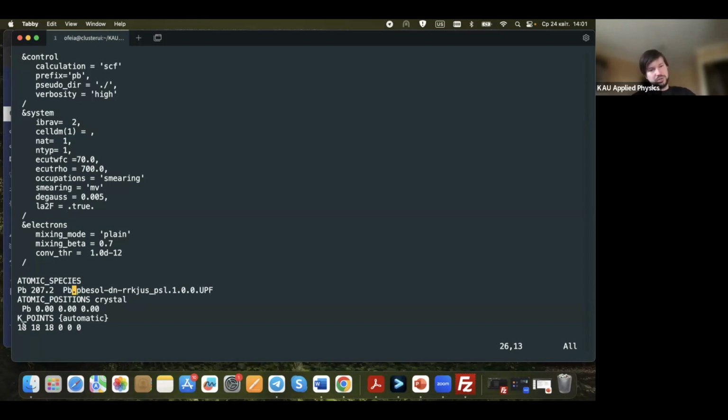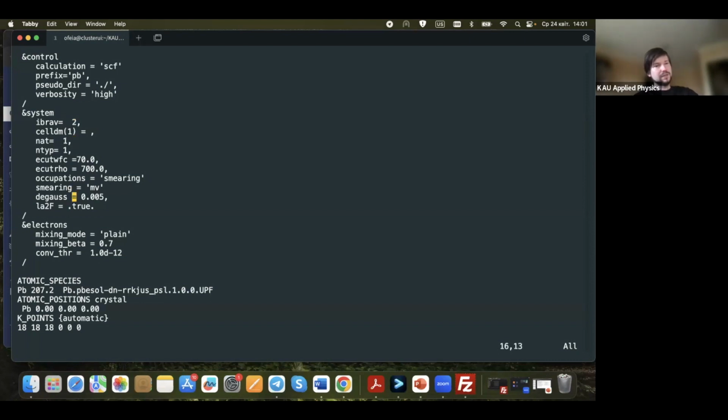Here I took also this 18, 18, 18. This is what I call a very dense mesh. But for normal SCF calculations, we will use a smaller mesh just to make the calculations of phonons faster, because with this 18, 18, 18, it will take a considerably large amount of time.